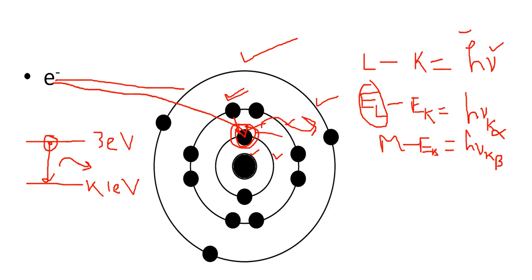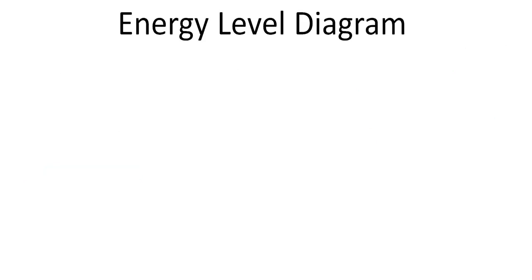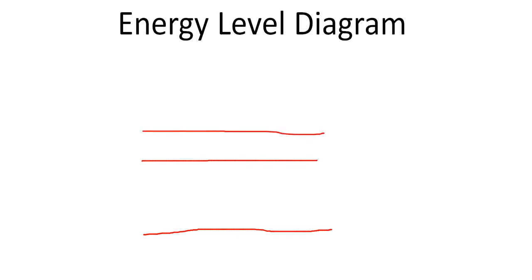If I try to discuss the energy level diagram of this transition, it will be like this. Suppose this is the K shell, this is the L shell, this is the M shell, this is the N shell.